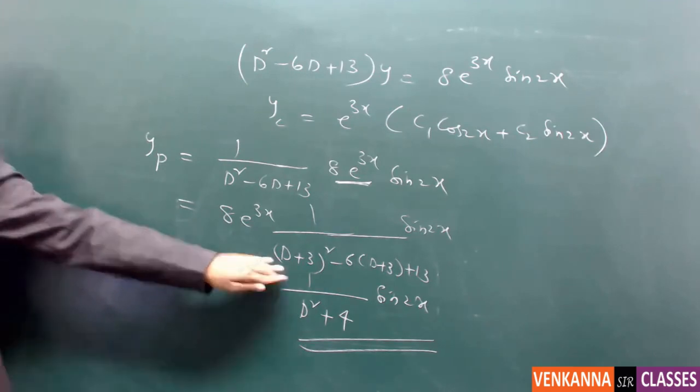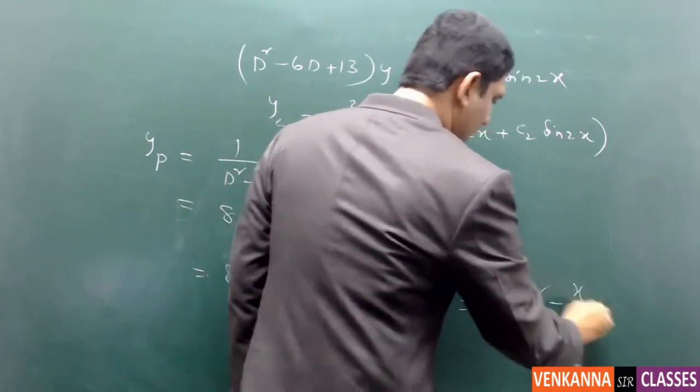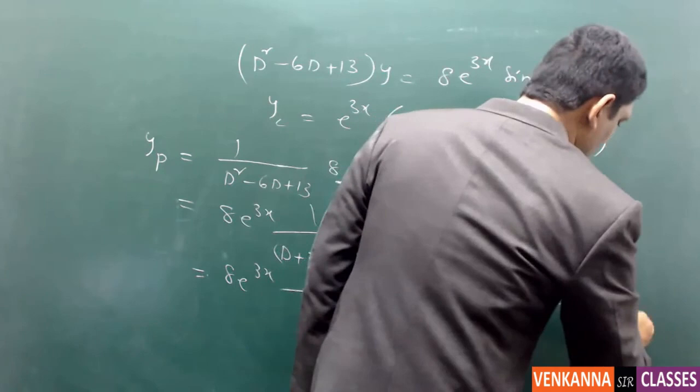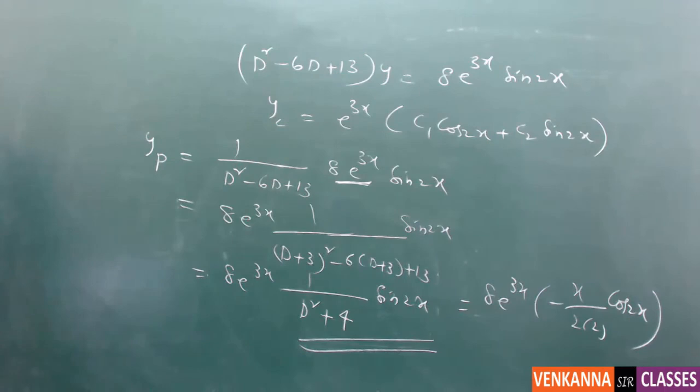So this is 8 e power 3x into minus x by 2 into 2 cos 2x. Please check the answer for YP. Clear? Then we write the general solution, y is equal to yc plus yp.